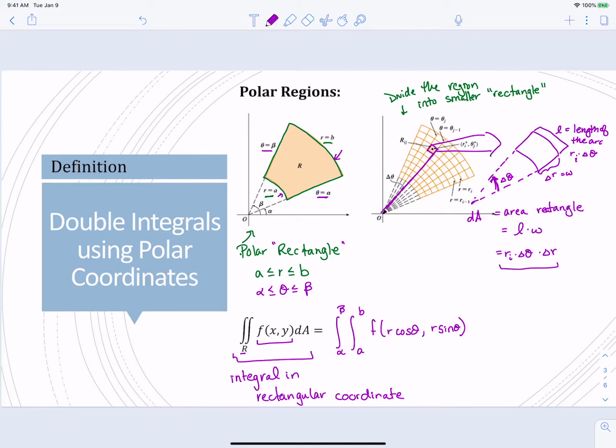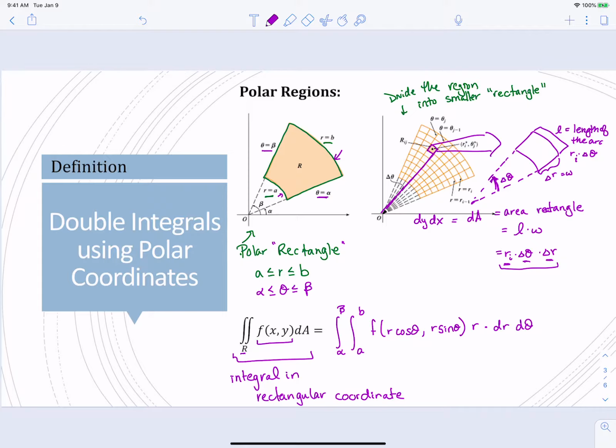Notice what that's going to be. We're sort of used to it being dy dx or dx dy. Here it's going to be an r, which is really interesting. We're introducing an r into this, and then dr and d theta, because our delta r and our delta theta turn into a dr and a d theta. So that's what our new integral is going to look like.